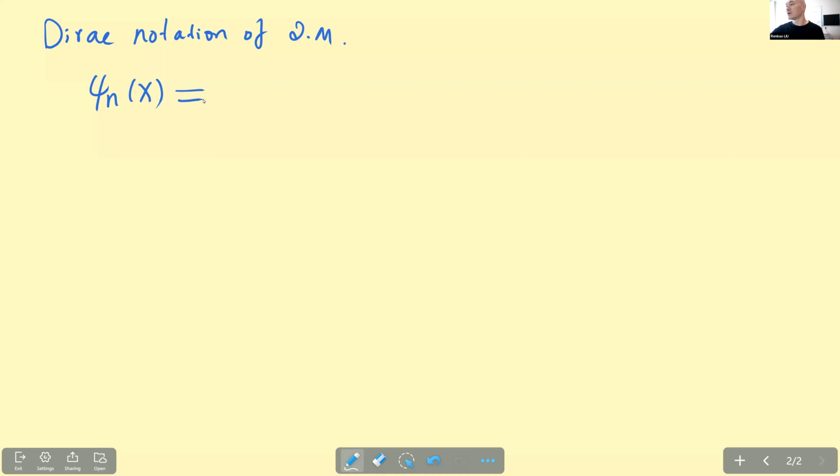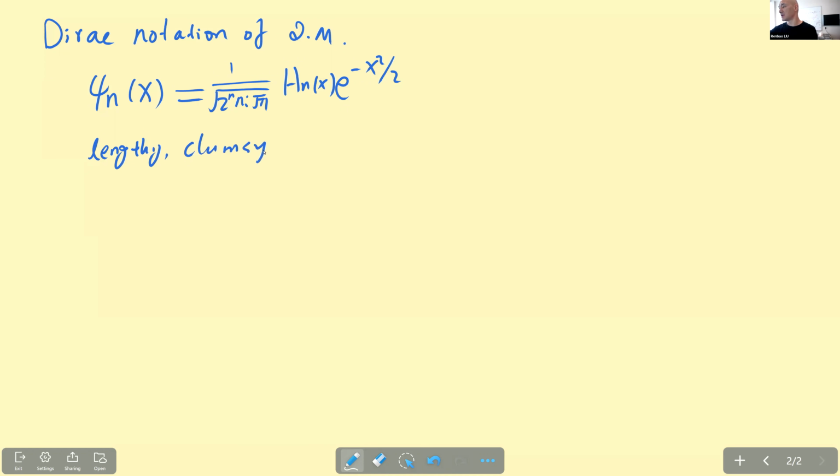For example, you can have something like this, and it is a very lengthy, composite expression.